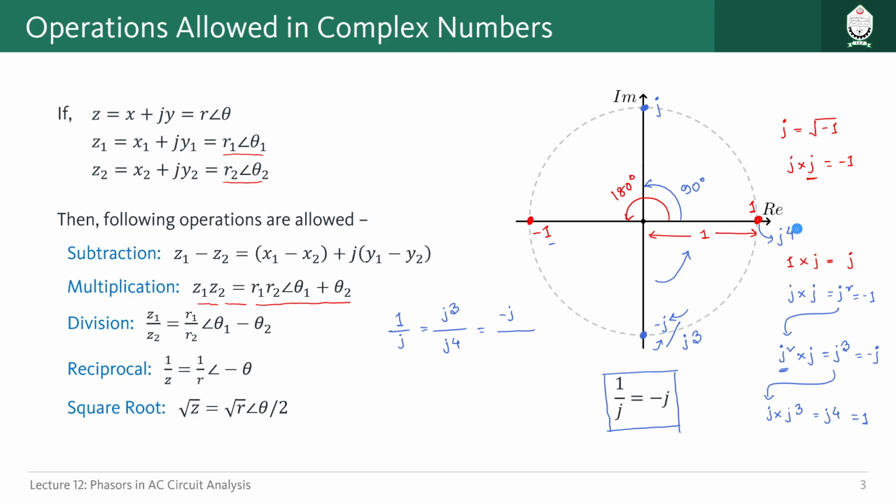And j to the power 4 is equal to 1, so we can write something like this. So we can write 1 by j is equal to minus j, and this particular expression is very important for our case. We will use that throughout our calculations in AC circuit analysis.